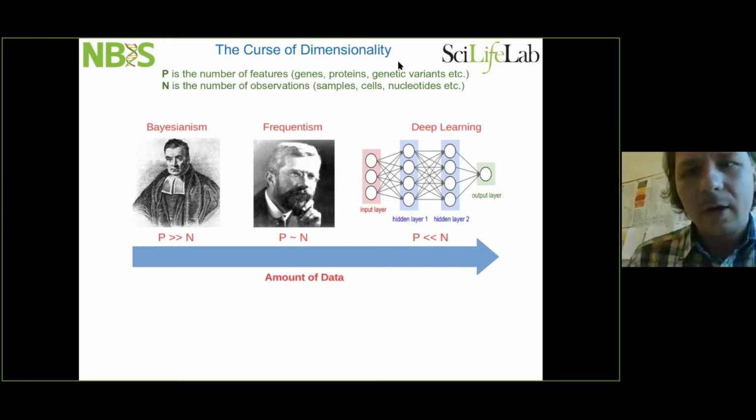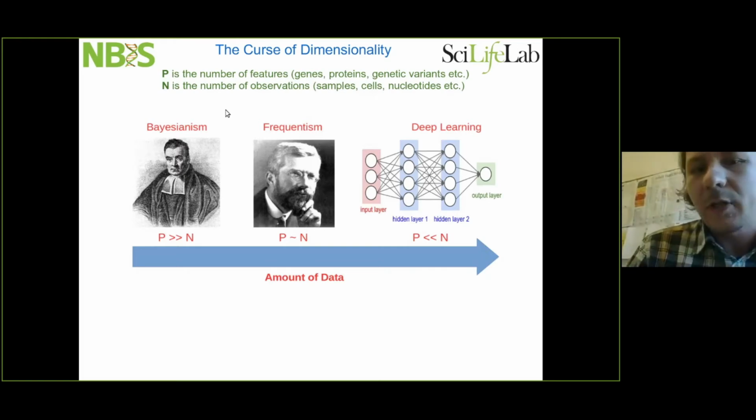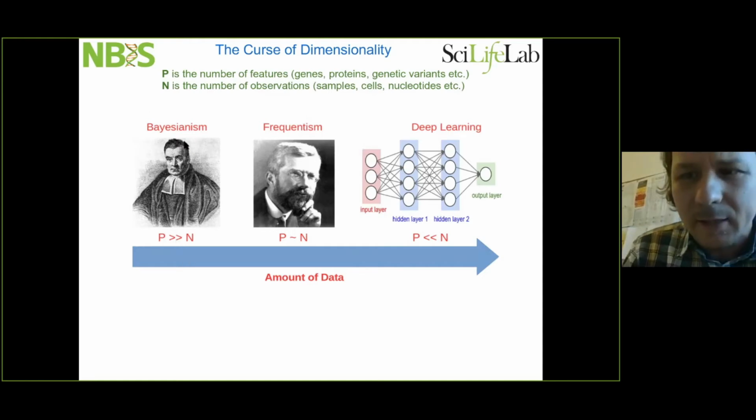So depending on the ratio between P and N, you can roughly select one of those methods of statistical analysis. If P is much greater than N, you probably should do something like Bayesian statistics.